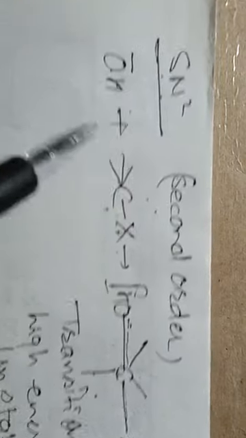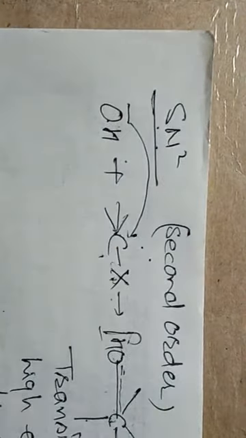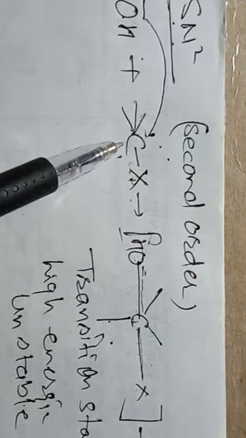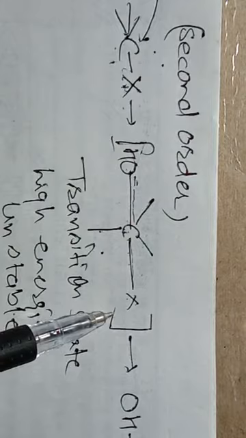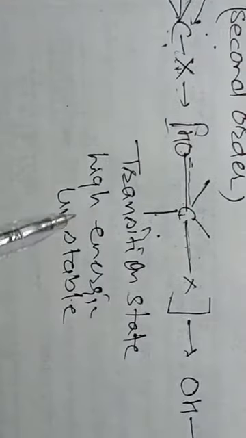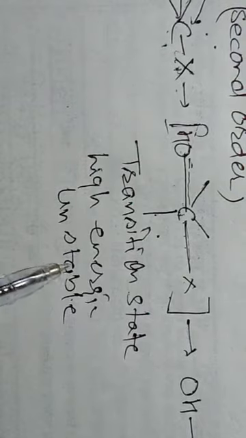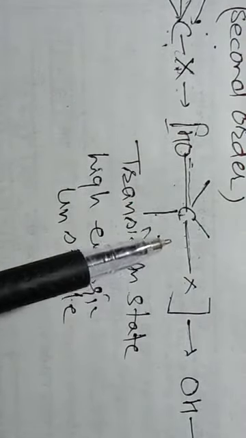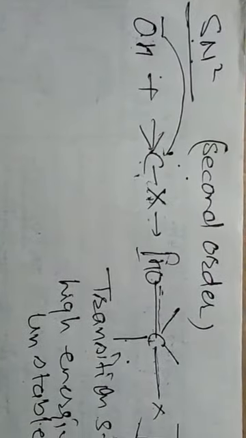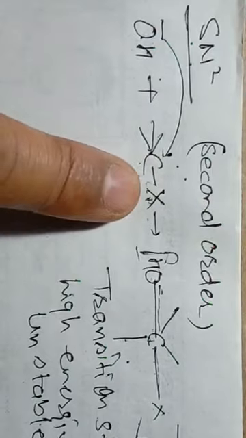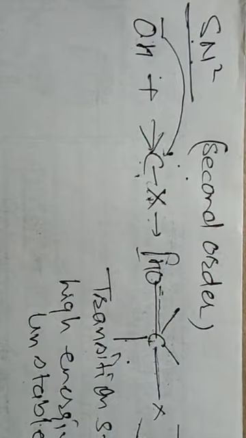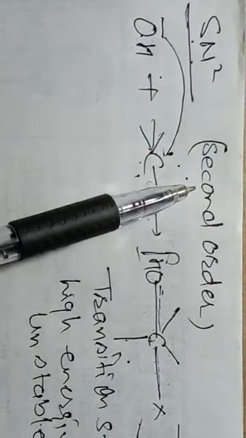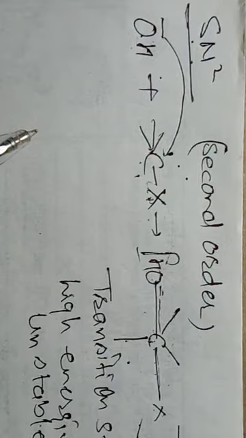After attack, an intermediate state is formed, known as the transition state, a very high energetic state and that is why unstable, and it will break into product plus nucleophile. As you can see here, both the base compound and nucleophile take part in this reaction. That is why this reaction is a second order reaction or second order mechanism.